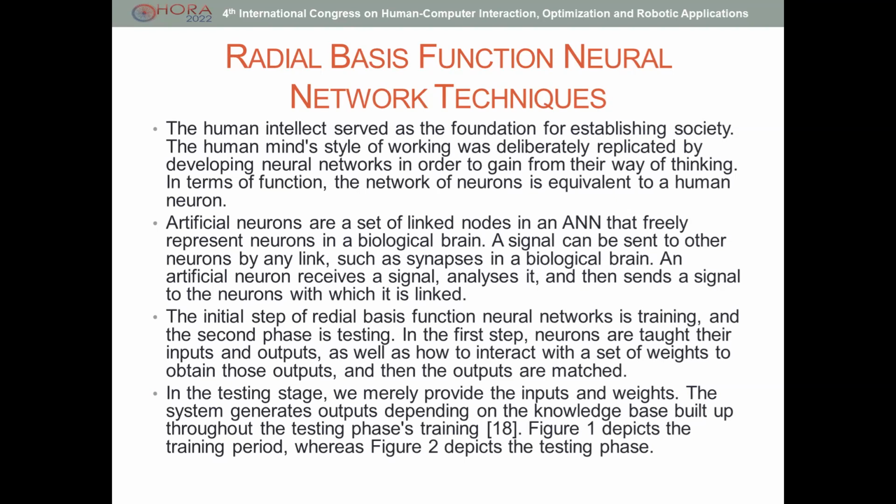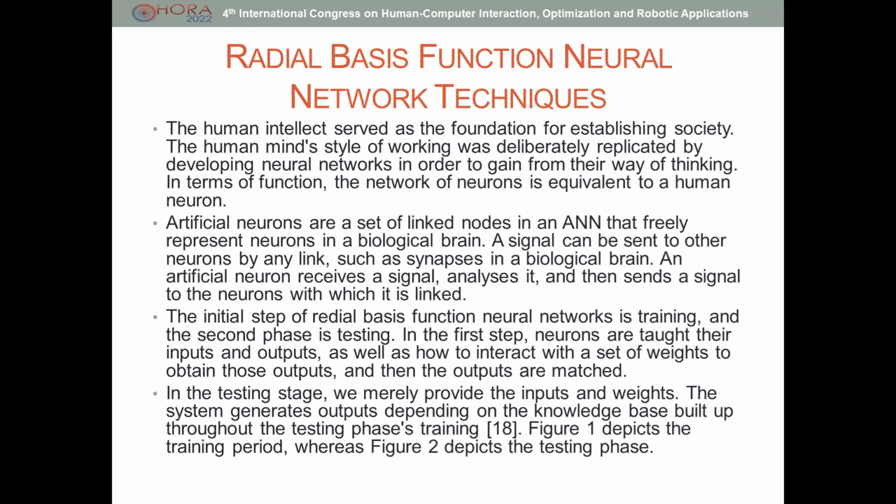So artificial neurons are a set of linked nodes in an artificial neural network that loosely represents neurons in the biological brain. A signal can be sent to others by any link, such as synapses in the biological brain. Artificial neurons receive a signal, analyze it, and then send a signal to the neuron to which it is linked.